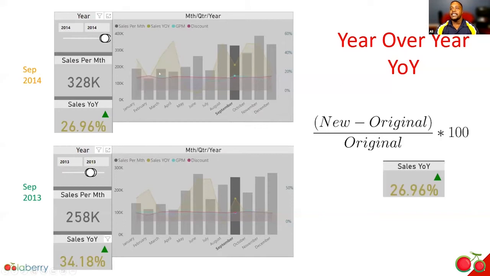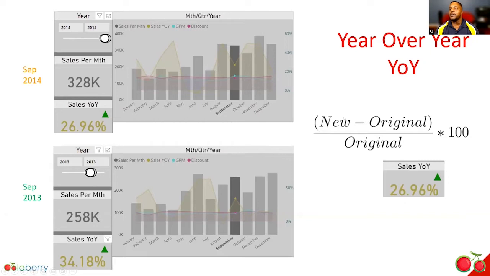Here we have an example where we're just filtering by September of 2014 and September of 2013. September 2013 came first. Sales were 258,000 that month. And the next year, September 2014, sales rose to 328,000.